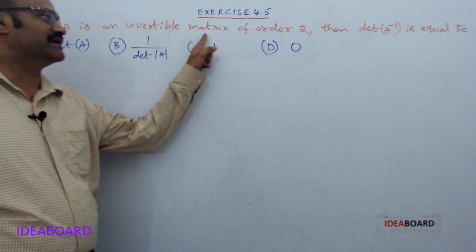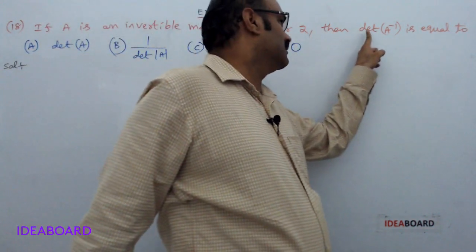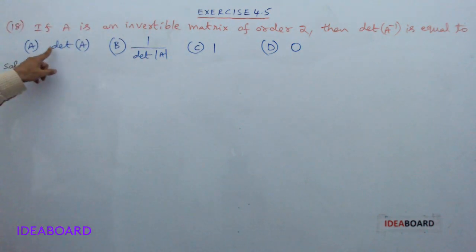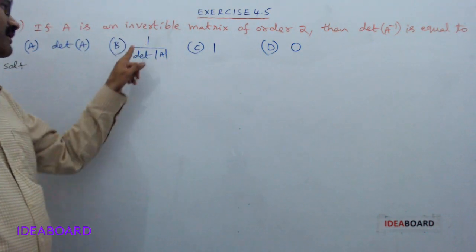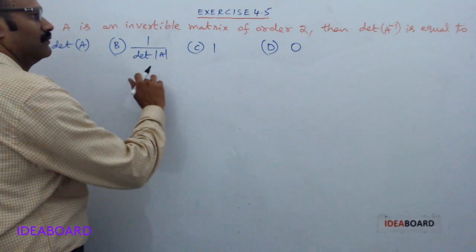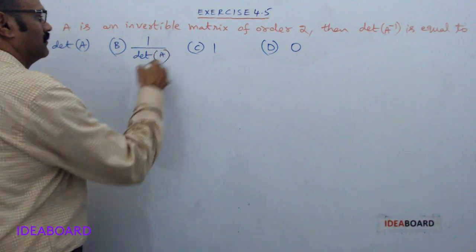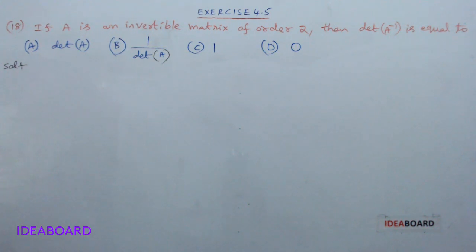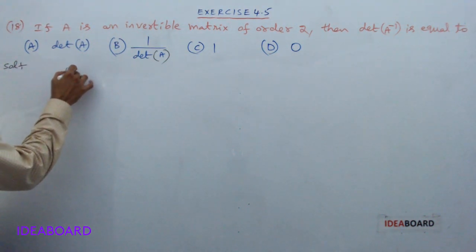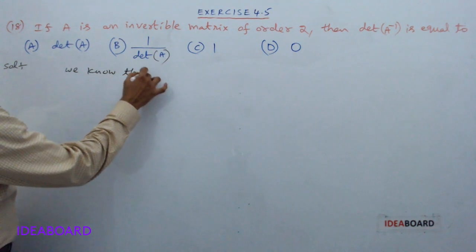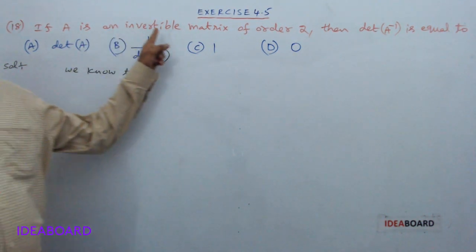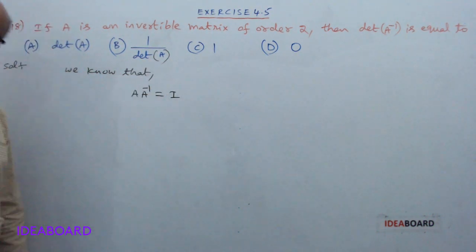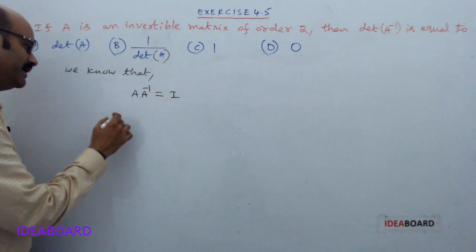If A is an invertible matrix of order 2, then determinant of A inverse is equal to: option A, det A; B, 1 by det A; C, 1; D, 0. Now here we know that the definition of the inverse of a matrix is A into A inverse equal to I. Now apply determinant.